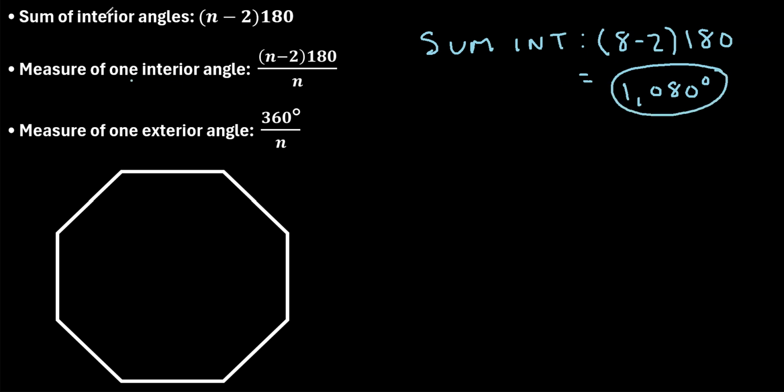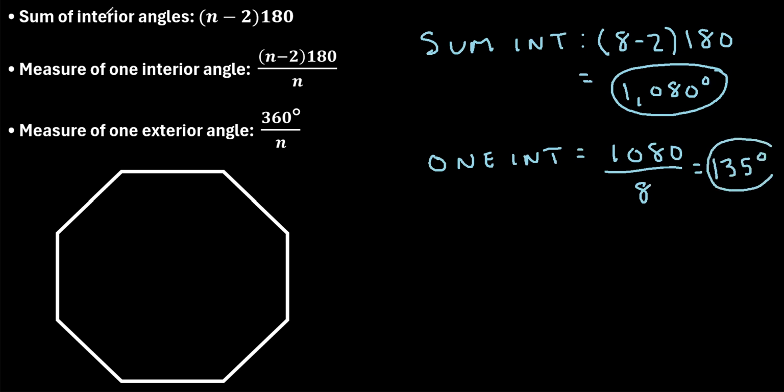So what's the measure of one interior angle? We just found the sum of all of the angles, so all we have to do is divide that by n, where n is the number of sides. One interior angle must be equal to 1080 divided by 8, and that turns out to be 135 degrees.